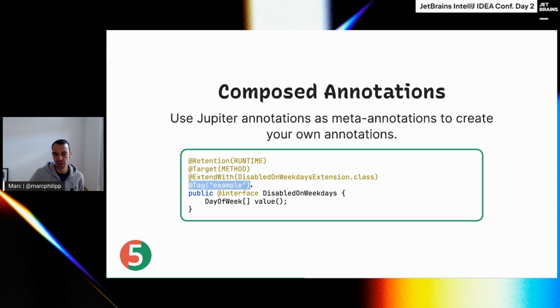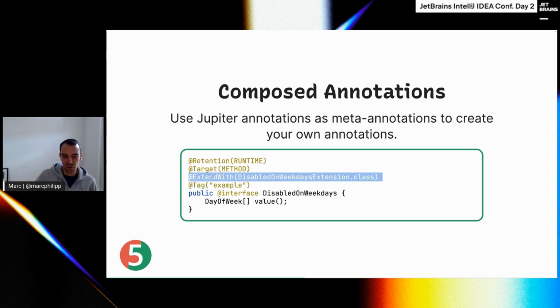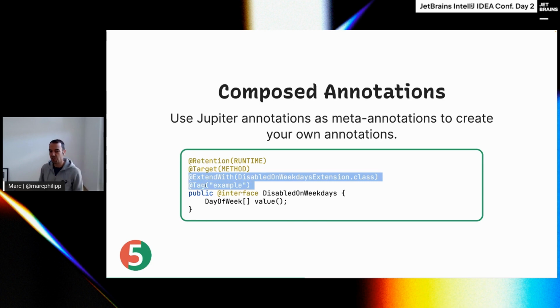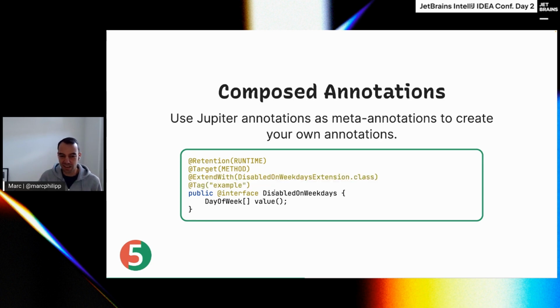So for example, here we also added the tag annotation, and these two annotations are used to compose this annotation that is defined, and are used as meta annotations in this case. This means whenever JUnit sees a disabled on weekdays annotation on a test method or a test class, but you're actually looking for an extend with annotation using annotation support, JUnit will find it. So that's some added benefit that you get from using those support classes.